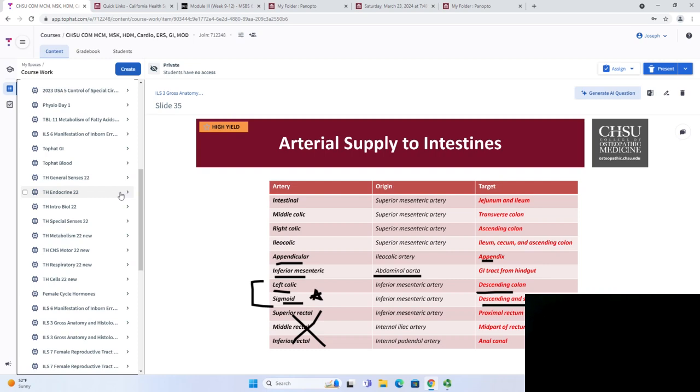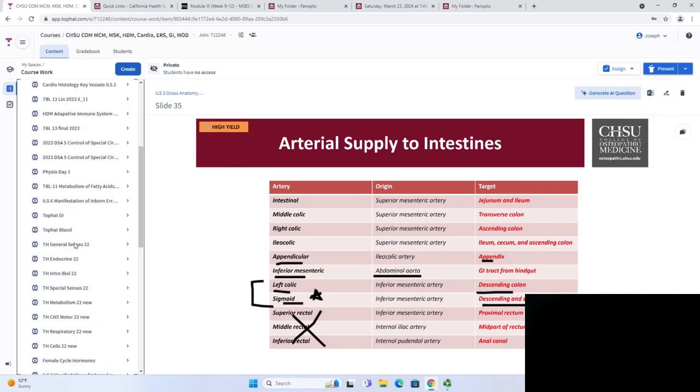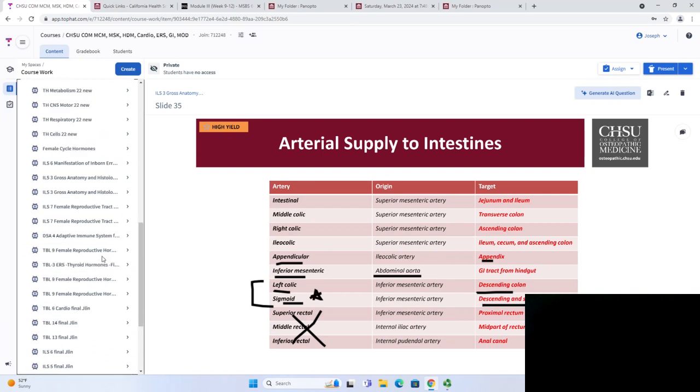You'll also be able to see the valves in the rectum, which you can almost never see in a cadaver. It's always collapsed, with a lot of gunk in there. This one's really clear. So take a look for sure today, the HoloLens value is pretty high.